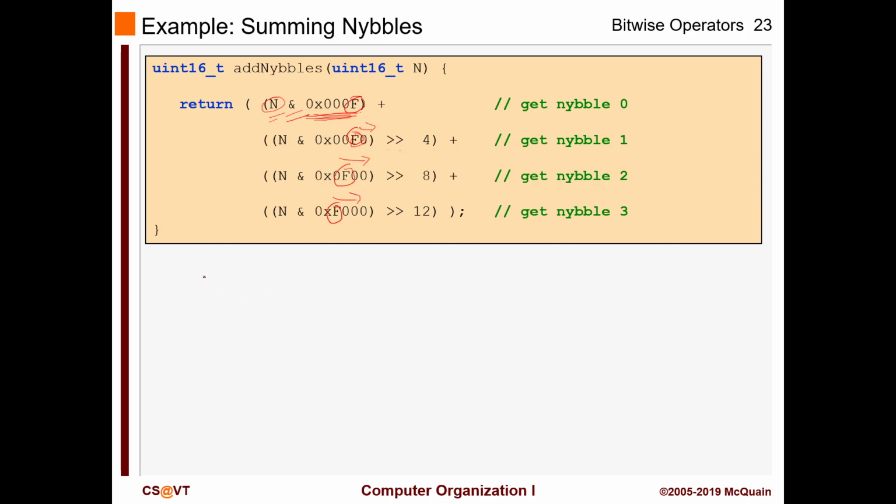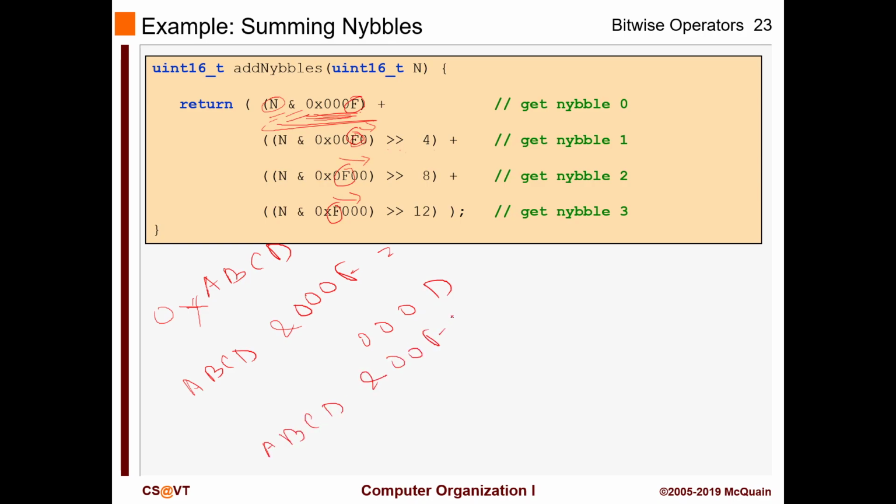So for example, I have a number something like A, B, C, D in hexadecimal, okay? The first thing that's going to happen is A, B, C, D and I'm ANDing it with 0 0 0 F. It's going to turn into 0 0 0 D. The next one is A, B, C, D and 0 0 F 0.